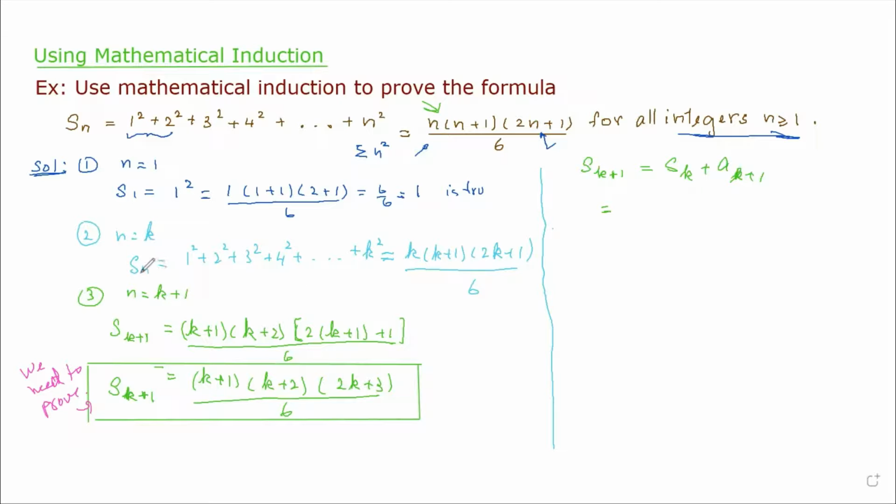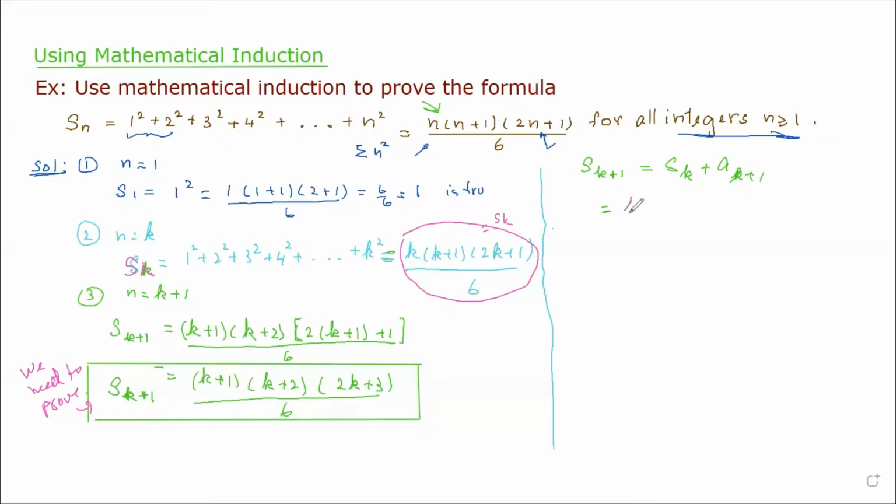Oh, this one should be S_k, not S_n. So we have from here S_k equal to this and this, right? The whole thing, and also equal to this one. So we replace this whole thing here with S_k. Because this one is equal to S_k here, you see that? So this is S_k.